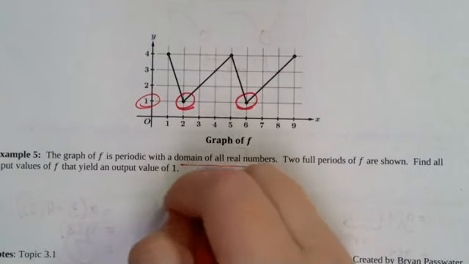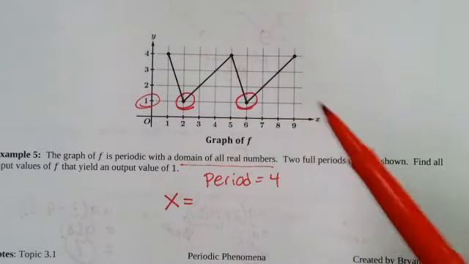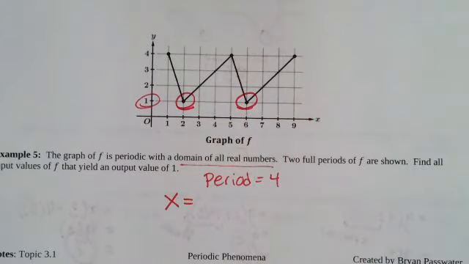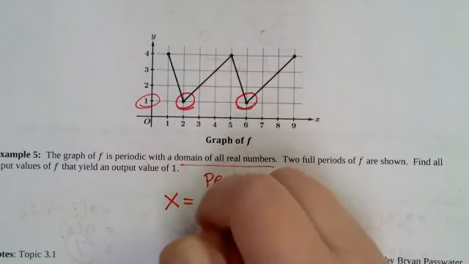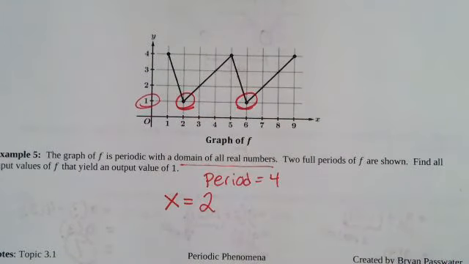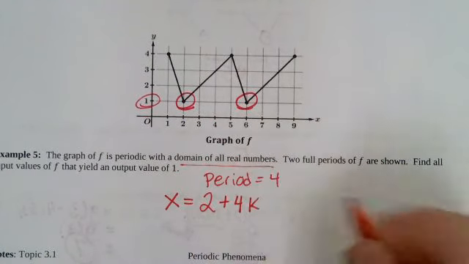Now, there are technically different answers I could give for this, but I would say it's probably easier to figure out what is the first x to yield an output of 1 that I see. That's 2. So I'm going to start there with 2. And what we're going to do is add intervals of 4. So I'm going to say add 4, and let's say times k.